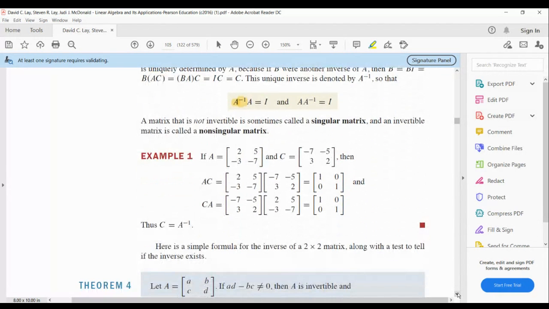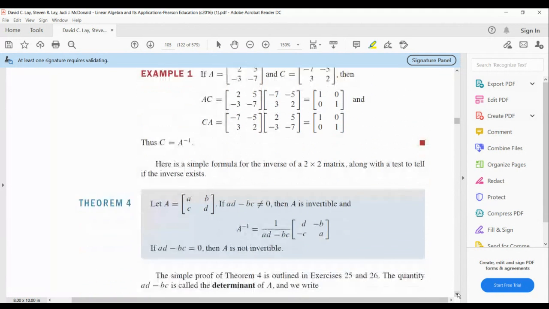Now, how do you find an inverse? Well, there's a formula here if you want to find the inverse for a 2 by 2. How many of you have seen this formula? If you have a 2 by 2 matrix A and you want to find the inverse, how many of you have maybe seen this sort of cookbook formula?